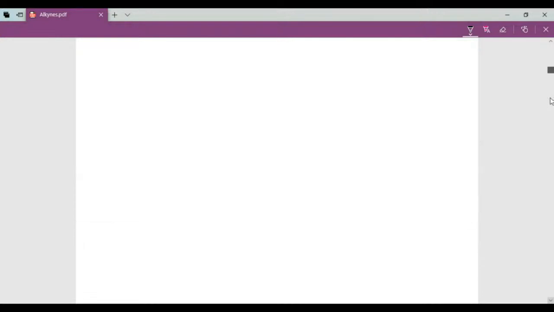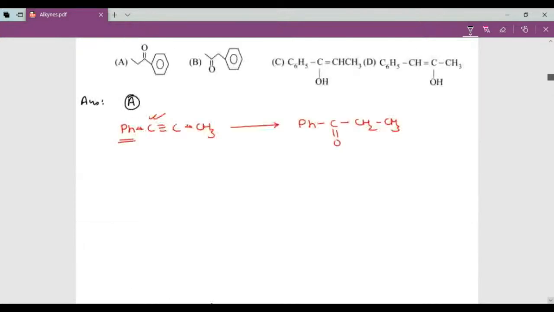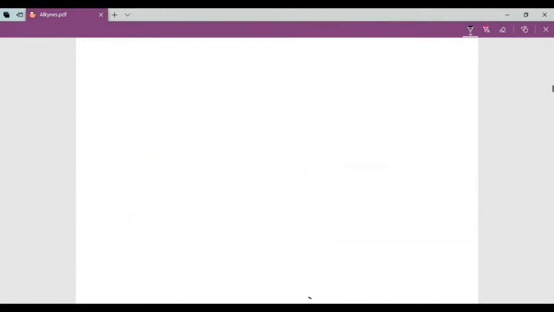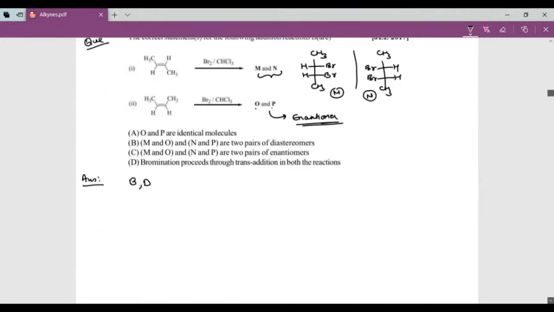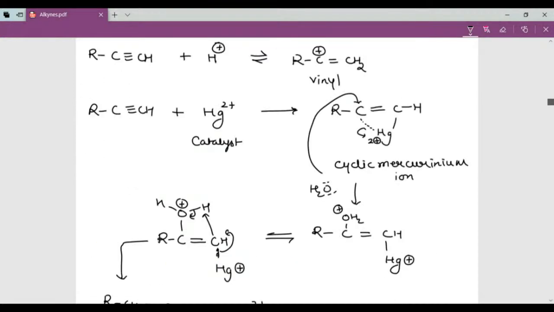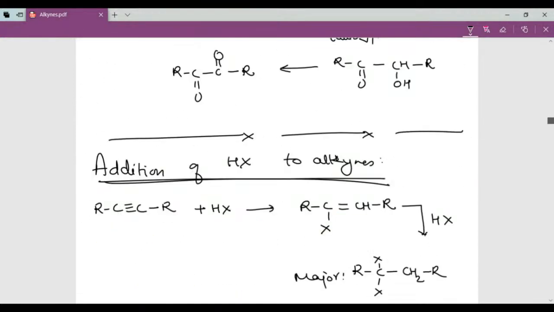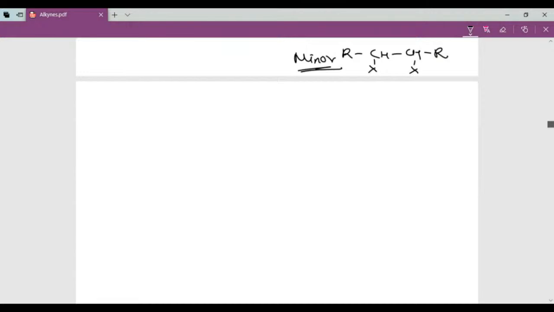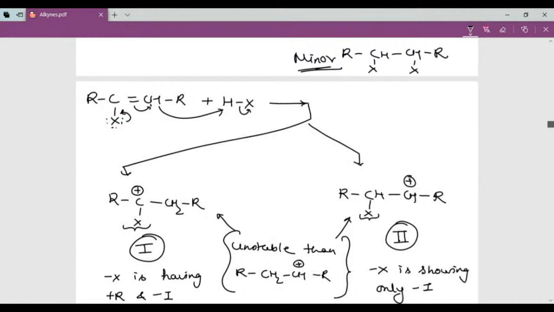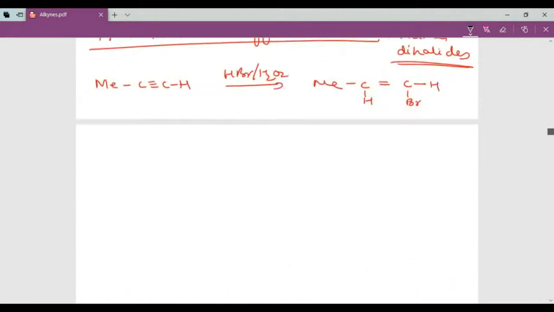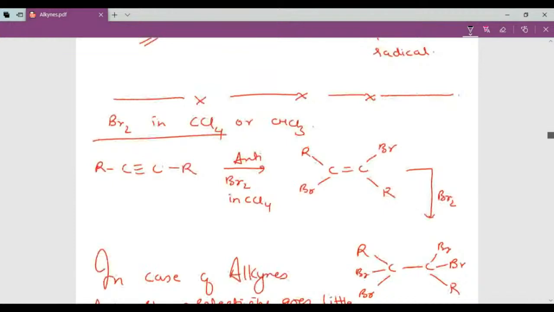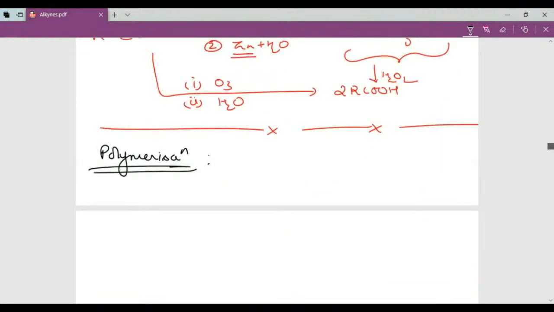So we were discussing how our alkene will be formed. Give me a second. Let this system catch speed.